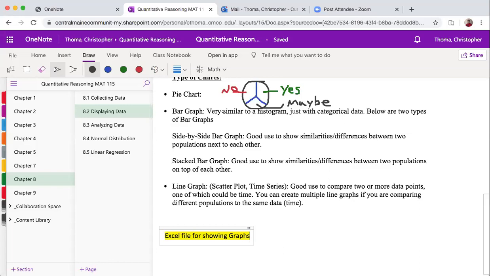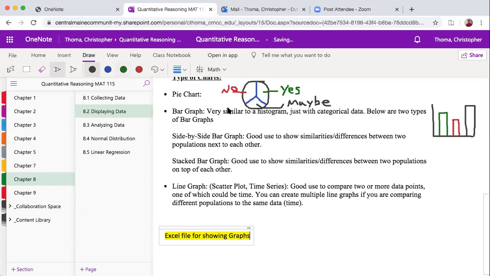A bar graph, which I say is very similar to a histogram, which you haven't got into, is just the same thing as this pie chart. So I can have it as categorical, and again, I can have a bar for my yeses, a bar for my no's, then a bar for my maybes.